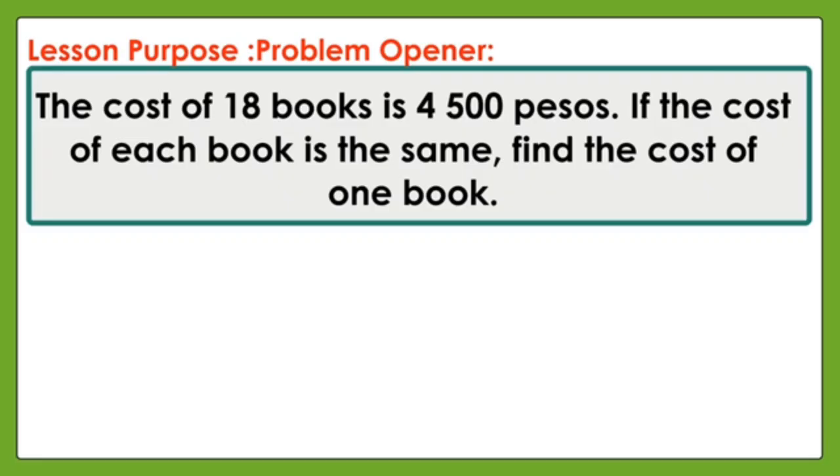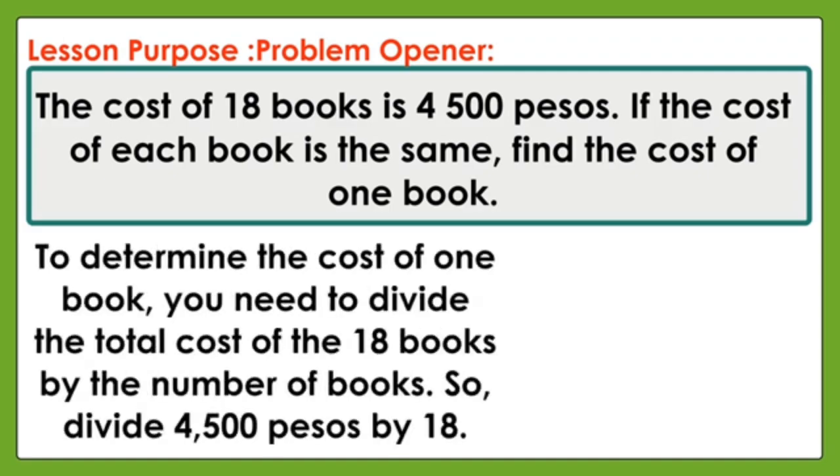Let's go on with our lesson purpose problem opener. The cost of 18 books is 4,500 pesos. If the cost of each book is the same, find the cost of one book. To determine the cost of one book, you need to divide the total cost of the 18 books by the number of books.